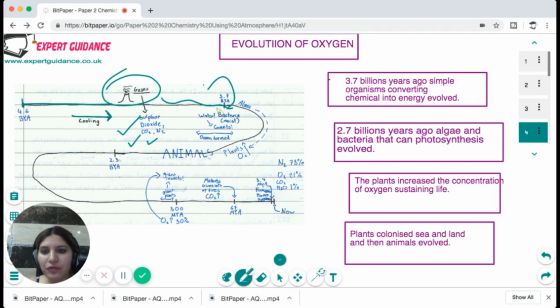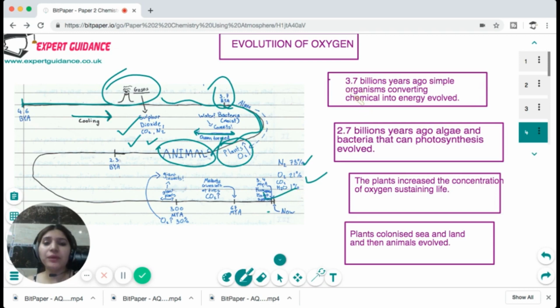Around 3.7 billion years ago, bacteria developed, and when the oceans were formed, algae developed, which photosynthesized and evolved oxygen. And when oxygen evolved, the animals evolved. The present atmosphere is 78% nitrogen, 21% oxygen, and 1% other gases.